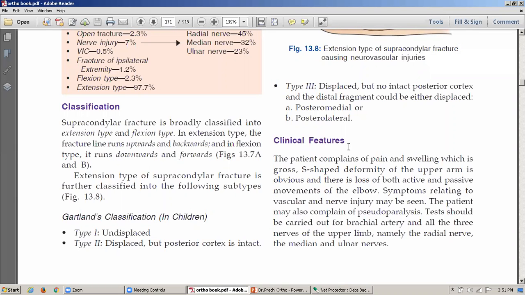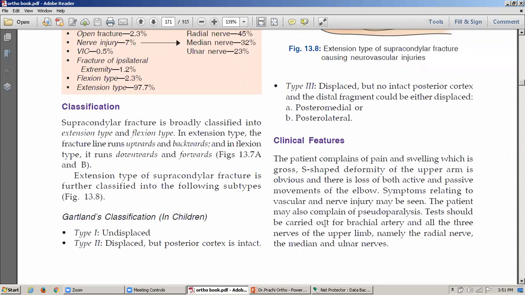So the clinical features show that the patient complains of pain and swelling, which is gross. An S-shaped deformity of the upper arm is obvious, and there is a loss of both active and passive movement of the elbow. Symptoms relating to vascular and nerve injury may be seen.